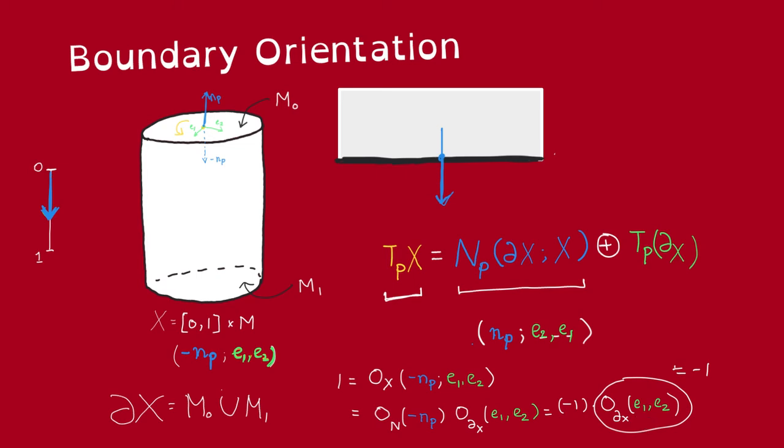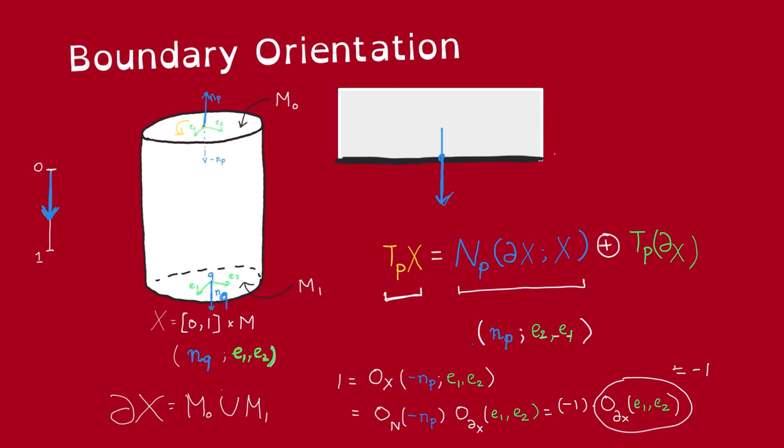In other words, e1, e2 represents the opposite orientation. Thus, the boundary orientation on M0 is opposite to that of M. Now here, we wrote a lengthy algebraic calculation, but we can also just think intuitively. Here what happened is that we want these two ordered bases to be equivalent. Now, this and this represent opposite orientations, so therefore this and this must also represent opposite orientations.